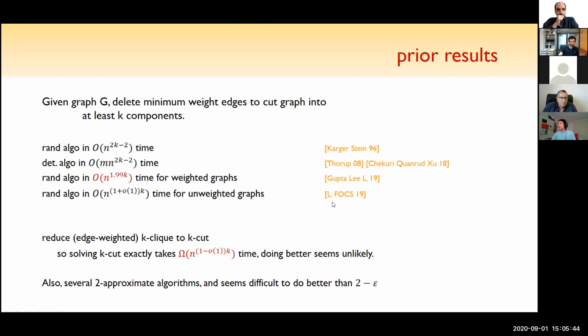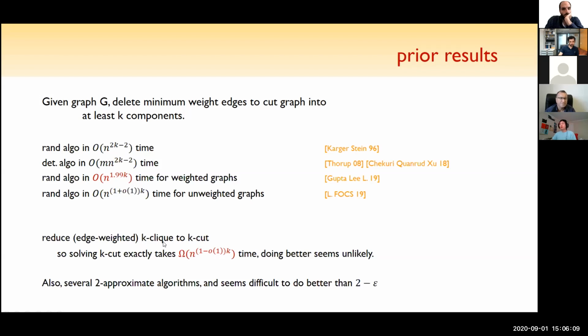And recently, a result by myself has improved the running time down to n to the K for unweighted graphs. This does not give an extremal bound either. So this is just an algorithmic statement. On the lower bound side, the K-cut problem reduces from the K-clique problem.